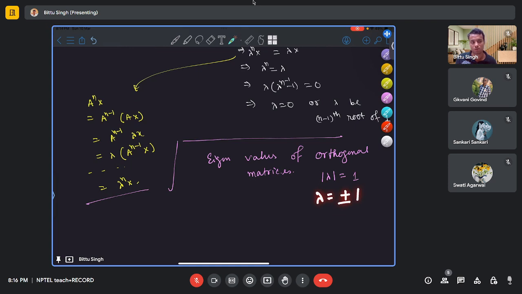Most of the cases we will consider the real field. We need to see what the field is; otherwise the answer will differ. Similarly for unitary matrices, the modulus of the eigenvalue will be 1.